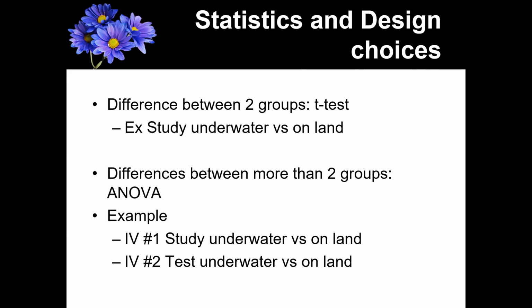So if you remember back to factorial designs, remember we don't just have to have one independent variable, we can have more than one. So maybe I want to look at studying underwater versus on land, but also taking a memory test underwater versus on land. Okay. That would be a factorial design, and we're going to use an ANOVA for that.